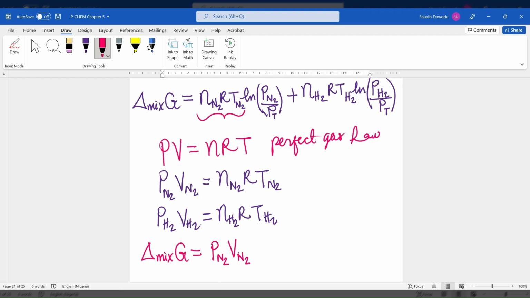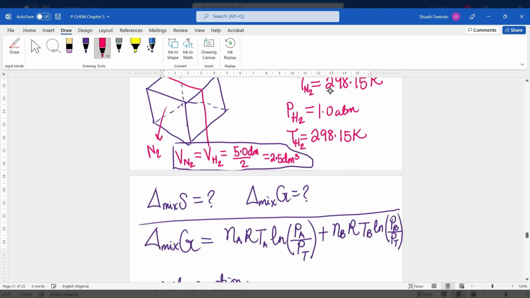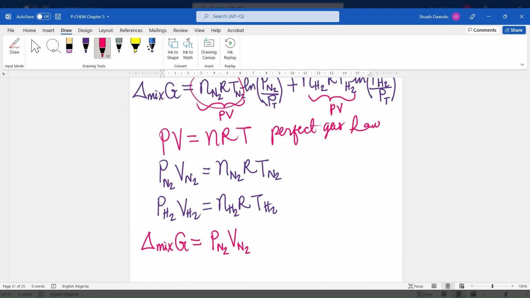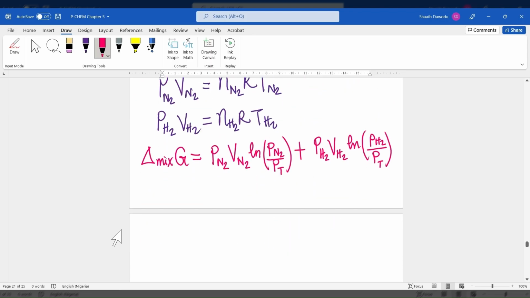Multiply by, because this can be substituted with PV for N2, and this can be substituted for PV for H2. So we just substituted it, and we end up with ln of P sub N2 divided by P sub T, plus P sub H2 multiplied by V sub H2, ln of P sub H2 divided by P sub T. So that's basically it.